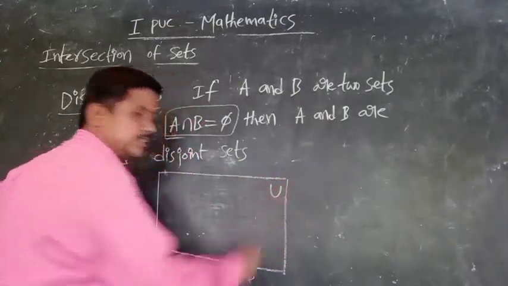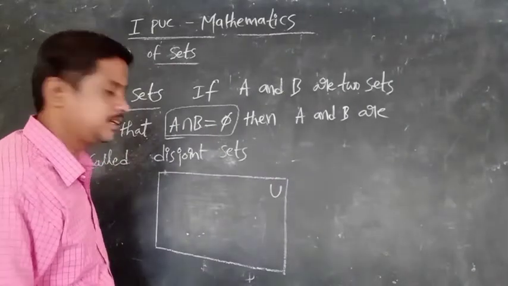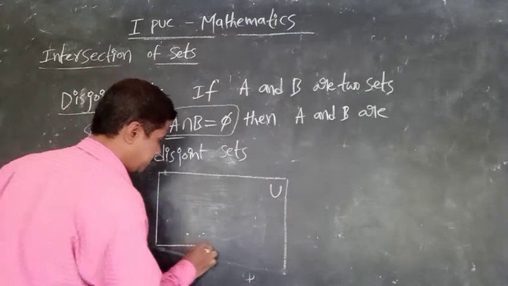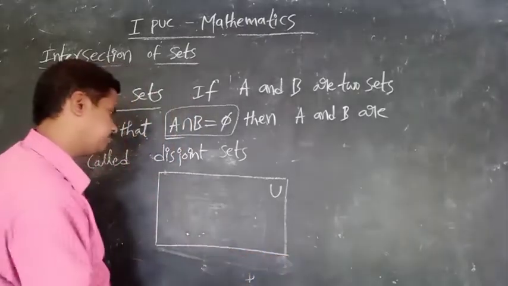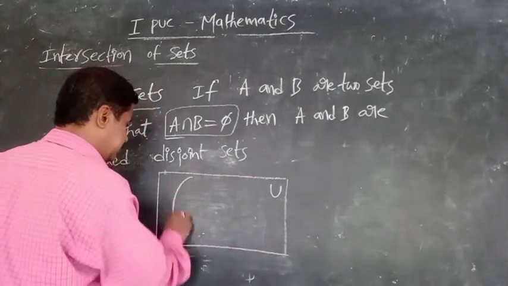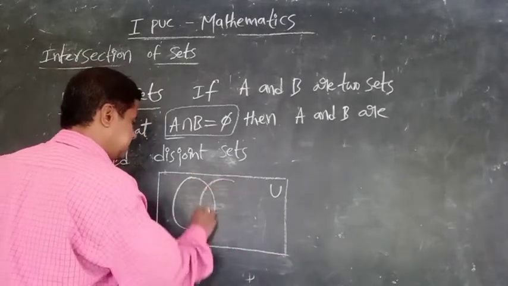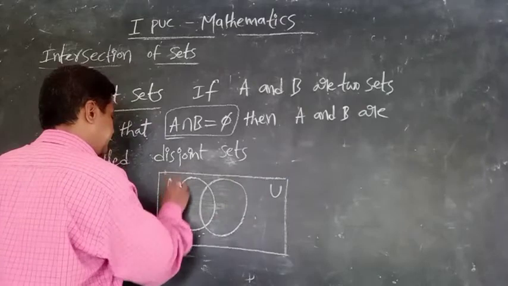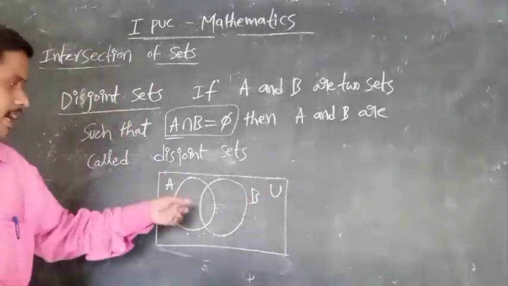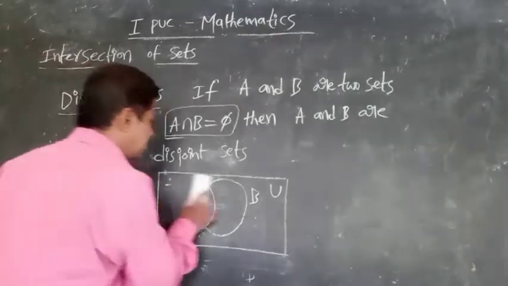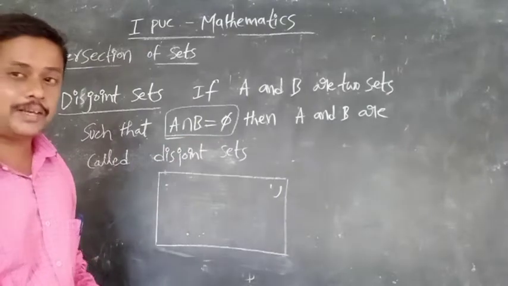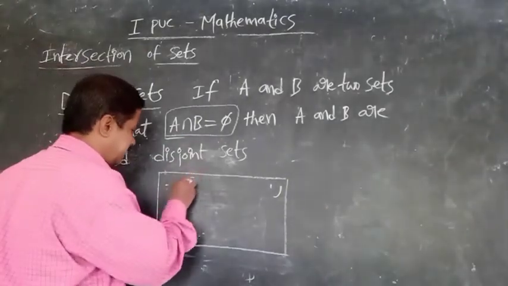This is A and this is B. This region is called A intersection B. But in this case there is no common element, so I have to write it differently.